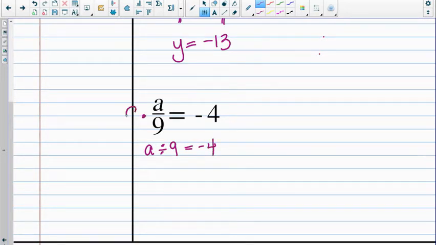So to get rid of this 9 in the denominator, I'm just going to multiply both sides by 9. Super similar to the one I just did, where we had multiply and then I divided. Now I have divide, now I'm going to multiply. All I'm left with over here is a, and again, being super careful of my positives and negatives, I'm going to multiply -4 and 9, and I have a equals -36. Those are two pretty simple ones.